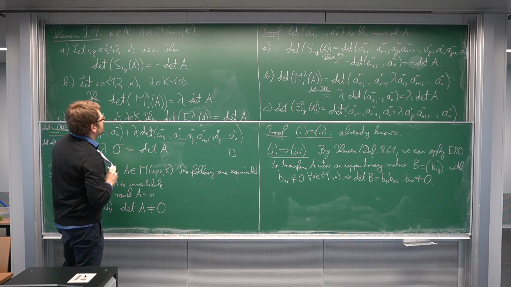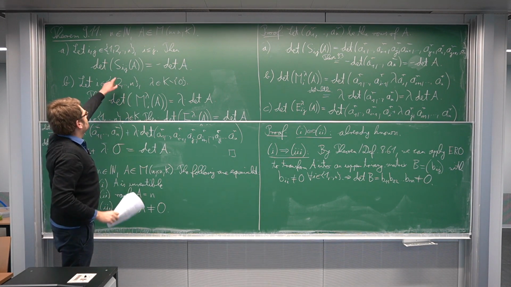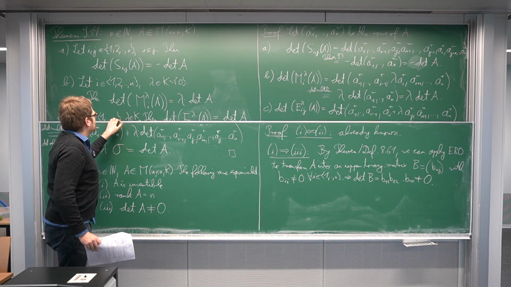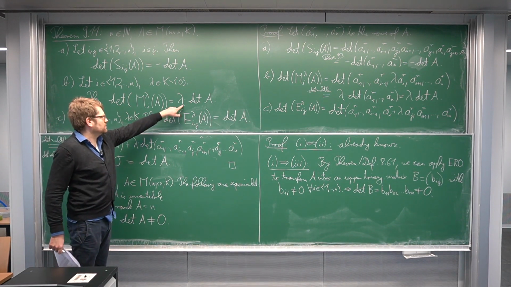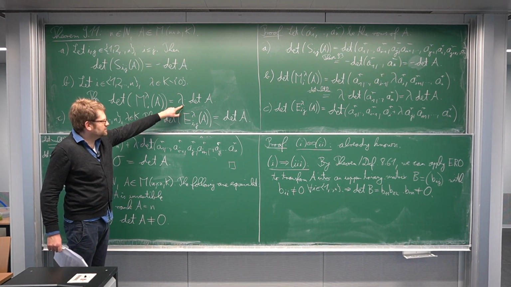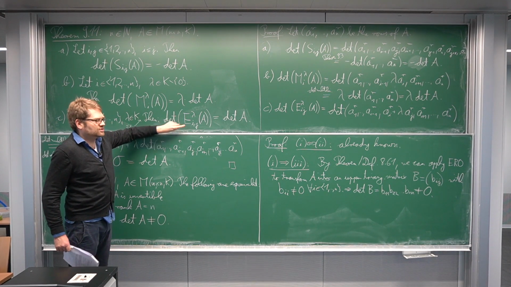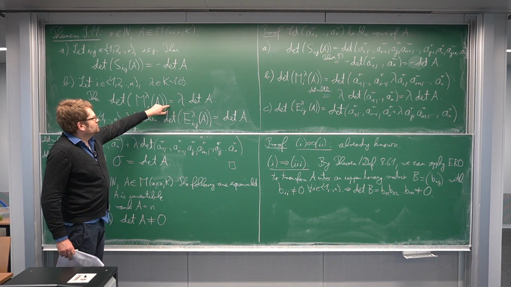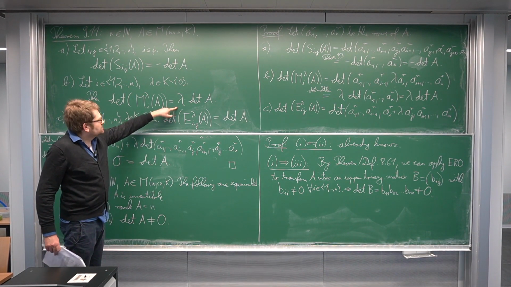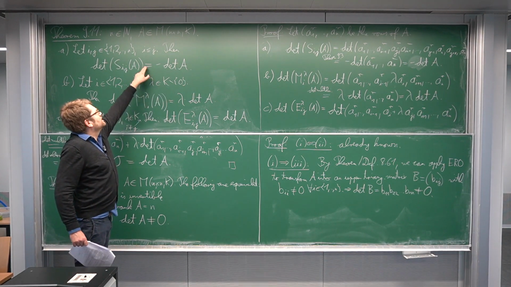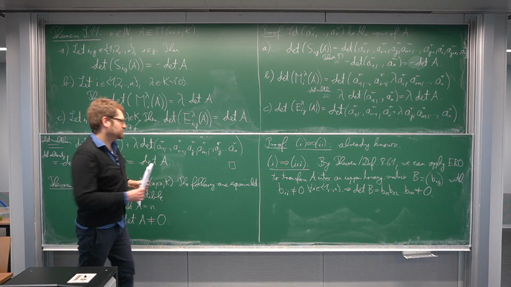So if we apply this, we have to multiply with -1. If we apply this here, we have to multiply with some field element lambda. If we apply this type of operation, nothing changes. But the good news is this is a non-zero number, and here, -1 is a non-zero number as well.